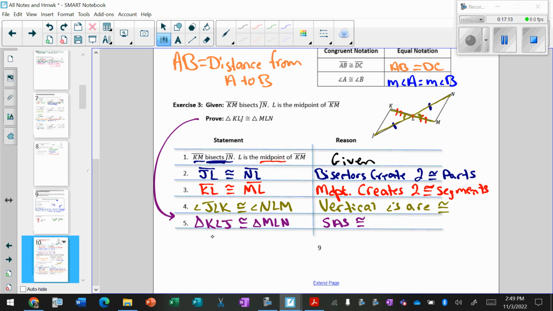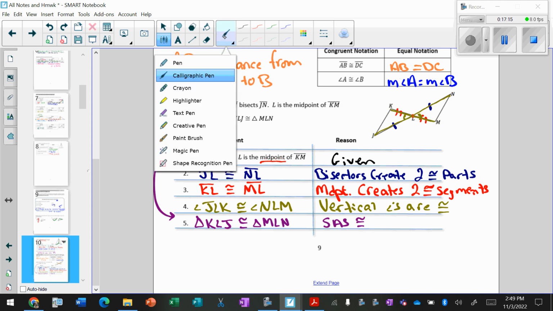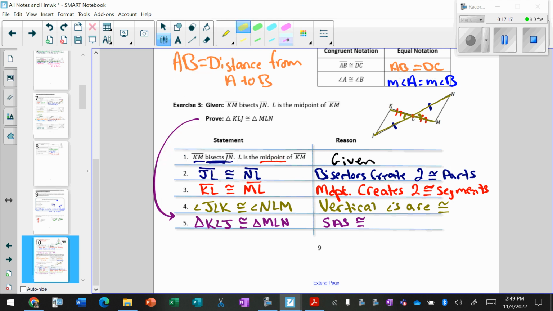Your letters must be in the correct order. So you have to show that angle K is congruent to angle M. They have to be in the same position. And then angle L would match up with angle L, the one on the left matching up with the one on the right.